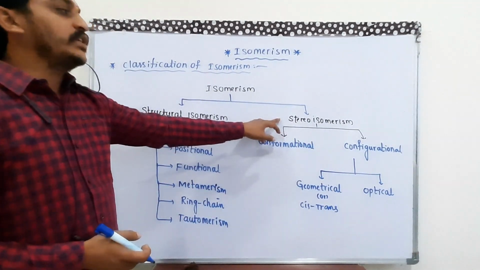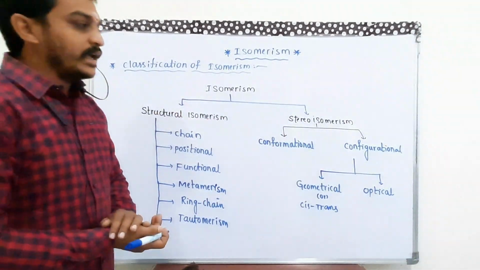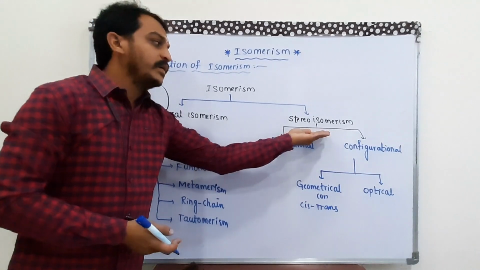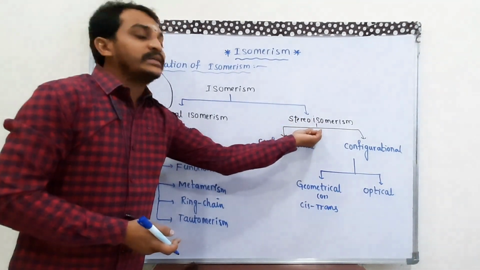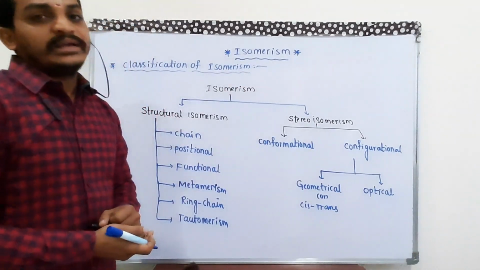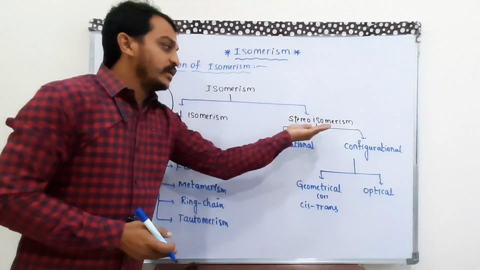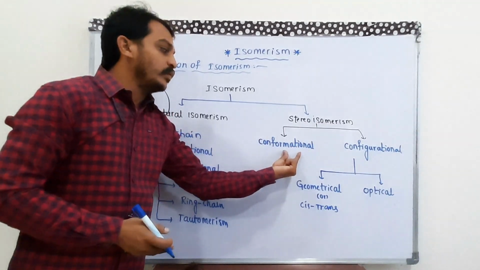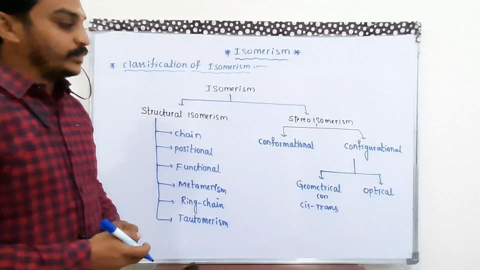Then next, stereoisomerism means the compounds have the same molecular formula but differ by the arrangement of the atoms or groups in space. Because of that, these are classified into 2 categories: conformational isomerism and configurational isomerism.